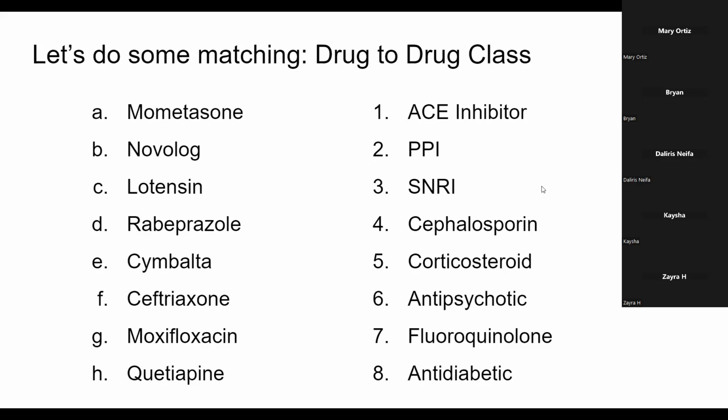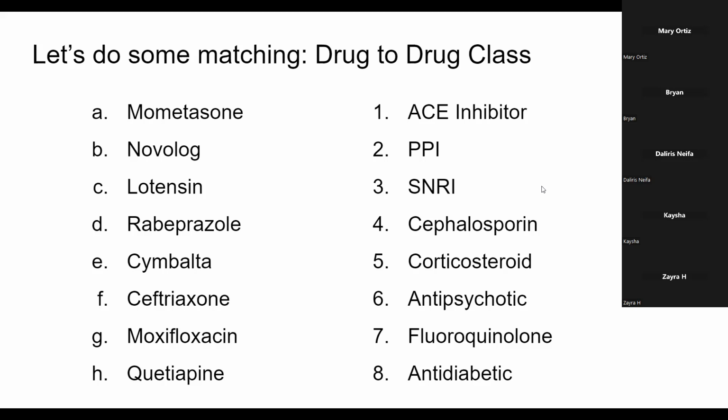Especially, you would not give a PDE5 inhibitor to any patient who was taking nitrates for chest pain, like Ismo or Imdur, or nitroglycerin is the generic. If they're prescribed anything like that, you would avoid giving them a drug for their erectile dysfunction. You would recommend other things. So that's my fun tangent on ED.